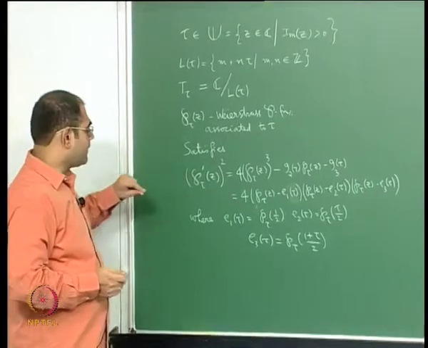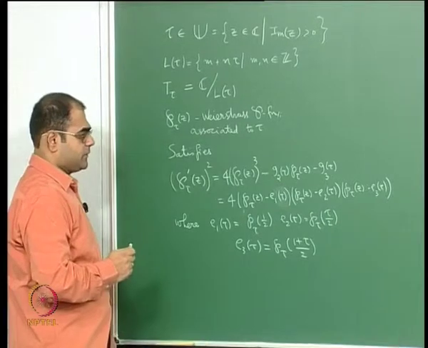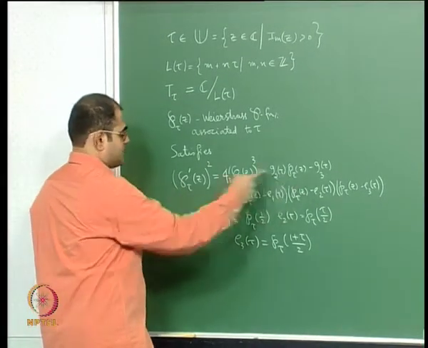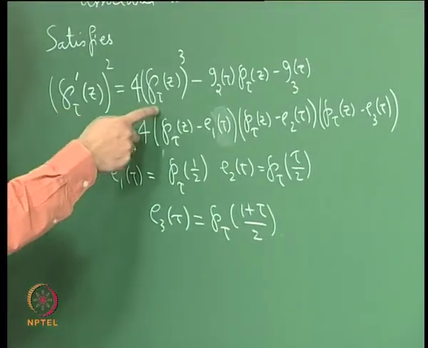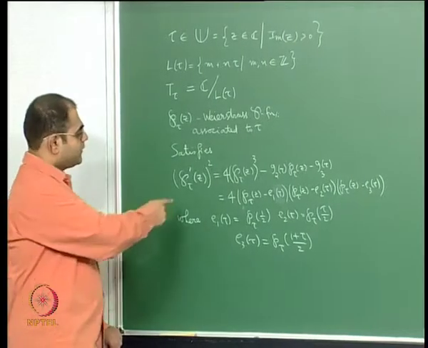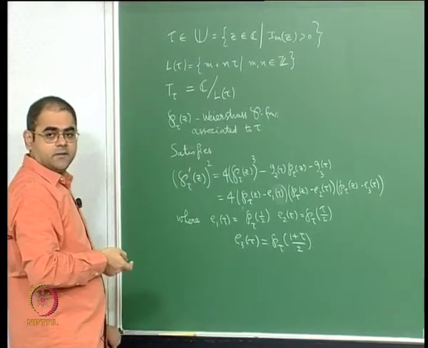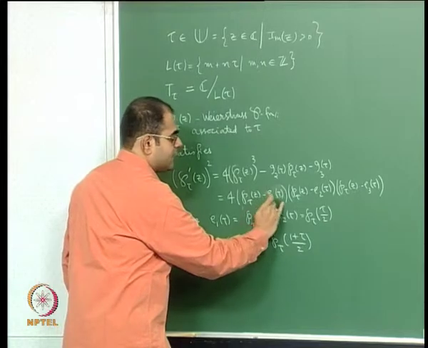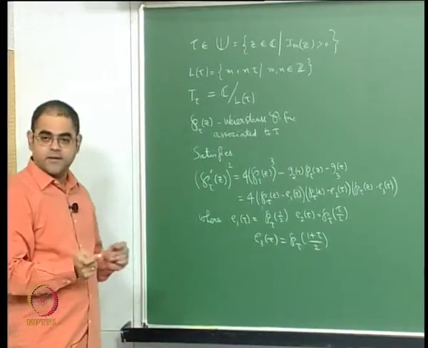and in fact I had indicated in one of the earlier lectures that it is the algebraic nature of this equation, which is if you think of P tau and P prime tau as variables, then you are getting a cubic equation, and that hints that there is something algebraic going on behind this.